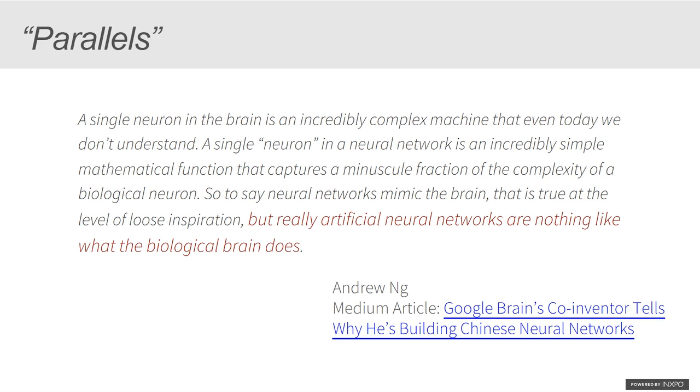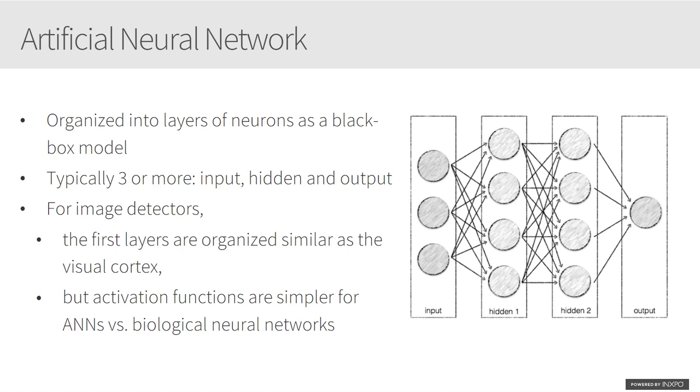Okay, so let's call a spade a spade. Even activation functions, for example: the activation functions we use are relatively simplistic in terms of what the brain does itself. So while we can say we're trying to mimic it, we can't really say it actually does it. Okay, so that's the important call out here.